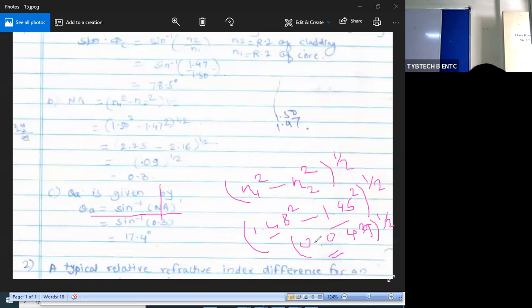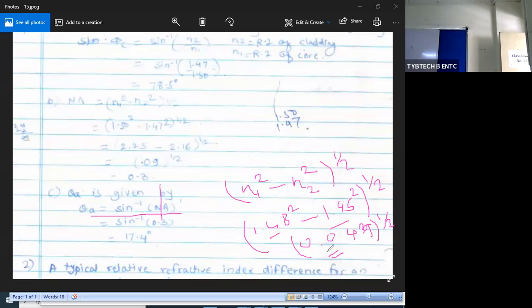Now tell me how much it is. I am asking you the value of 1.48 square minus 1.45 square.